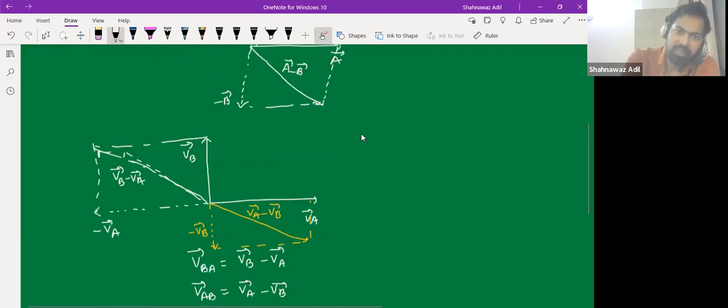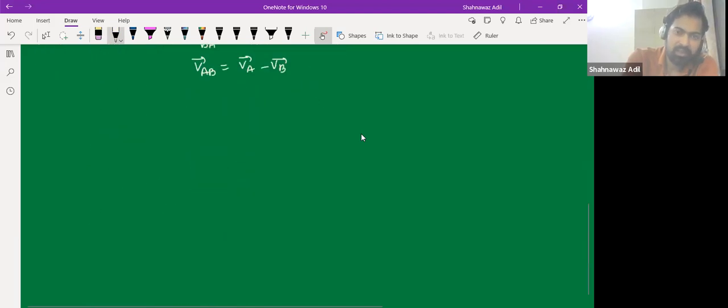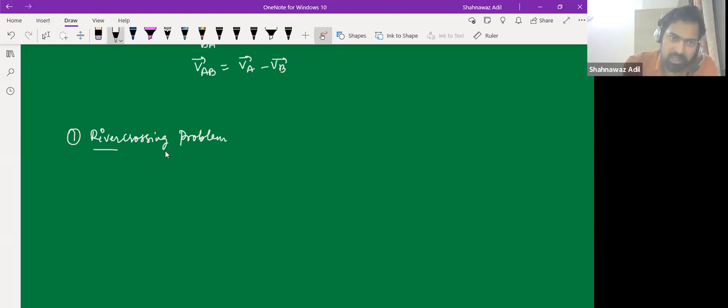Yeah. And then let us do two or three questions, and then we'll go on. On the basis of that, we have three kinds of problems in relative motion. One is the river crossing problem. Remember, in this scenario we don't use the relative motion idea.